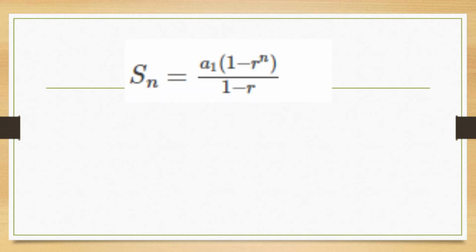S of n is equal to a of 1 times the quantity of 1 minus r raised to the power of n all over 1 minus r.